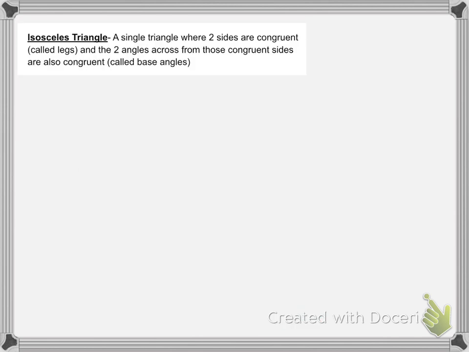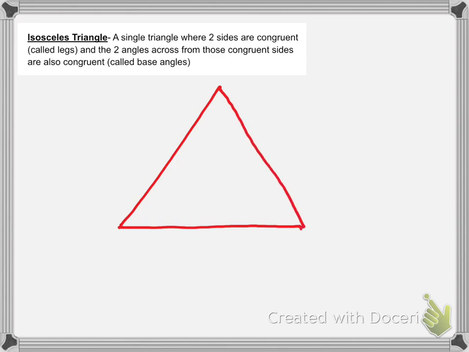All right, let's talk about isosceles triangle. An isosceles triangle is a triangle where two sides are congruent, which are called legs, and the two angles across from those congruent sides are also congruent, called base angles. So here's what it looks like. Let's see if I can draw a good triangle here. It's important that you draw one too. So we'll call this A, B, C. Now, two sides are congruent.